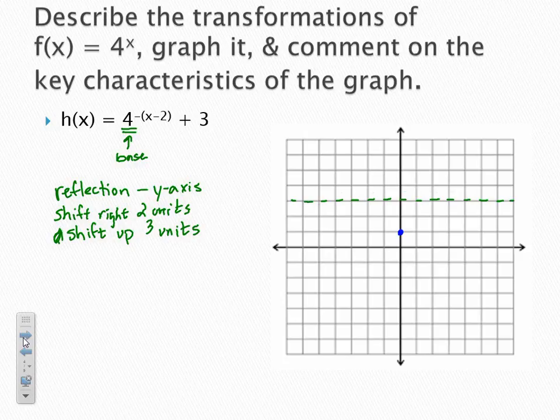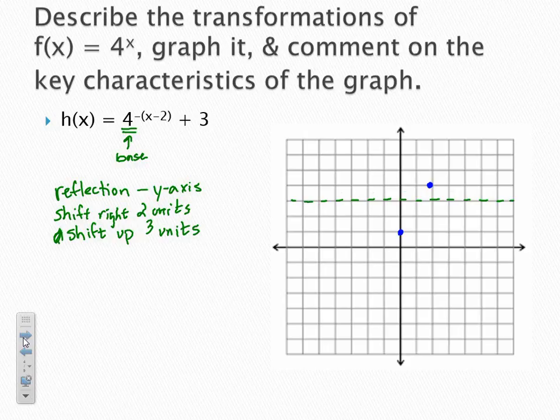And so I'm just going to shift that point accordingly. So we're going to shift right 2 units, and then I'm going to shift up 3. So here is my new, I'm going to call it y-intercept. That was the y-intercept of the parent function, but it's no longer intersecting the y-axis, right? Now it's kind of sitting off in space, but it's in the same relative position to the horizontal asymptote.